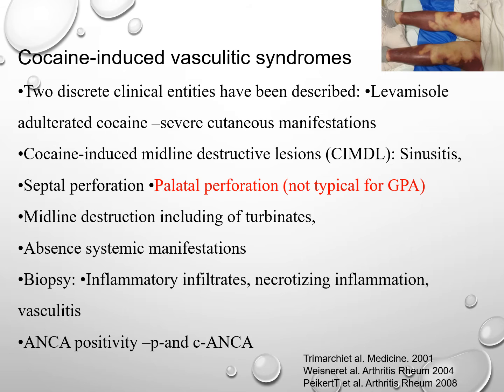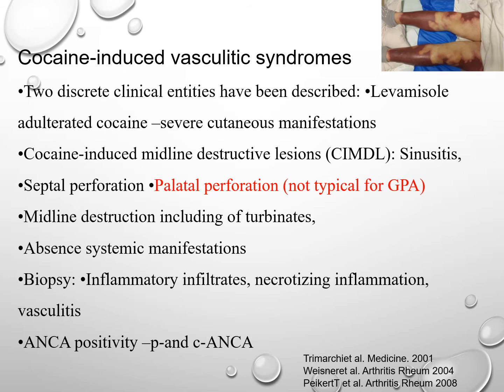Another mimic is cocaine-induced vasculitis. We have two types of cocaine, levamisole-adulterated and regular cocaine. Unfortunately, the levamisole type shows extensive, severe cutaneous manifestations. Cocaine may also end with sinusitis and destructive septal perforation, mimicking ANCA vasculitis. However, palatal perforation is not typical for cocaine-induced vasculitis.